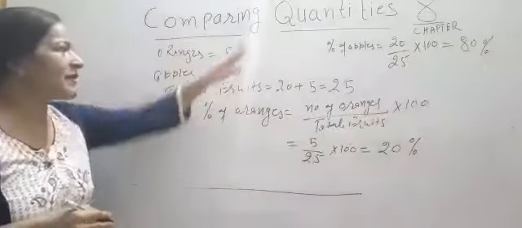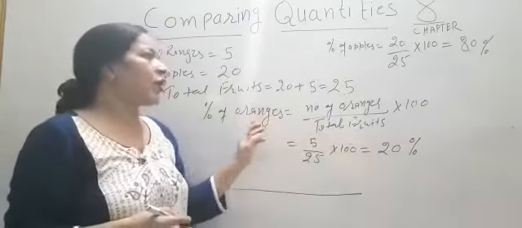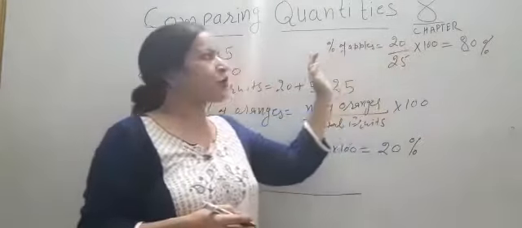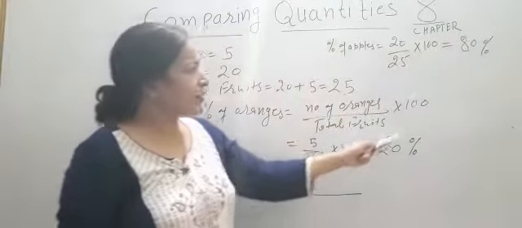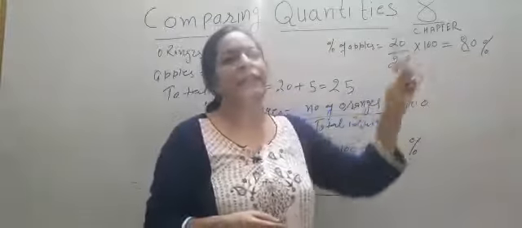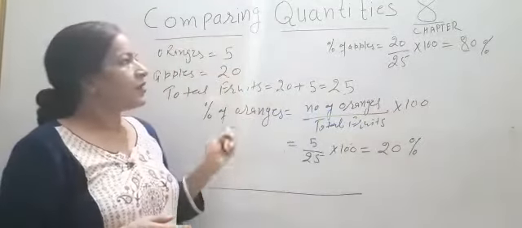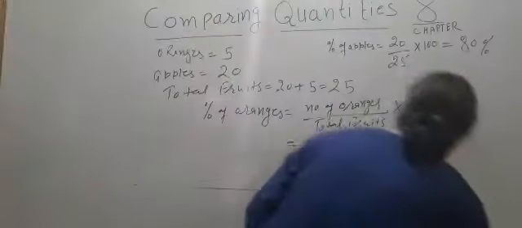Clear? So in terms of percentage, how have we compared it? 20% oranges, 80% apples. And in terms of ratio they were 1:4. And when you find the ratio of 20/80, 1:4 will come. Clear? Now we will start exercise 8.1.